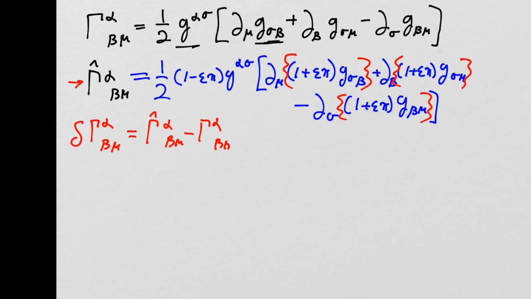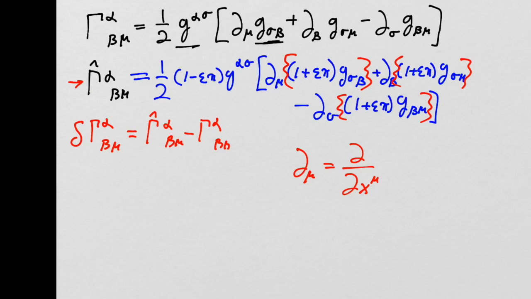So I basically have to take this, expand everything out as best as I can, and from that subtract this. Now remember, pi is a function on space-time. This is really important. All this notation can get quite confusing if you're not tracking completely. So partial mu is d by dx mu. That's what that means.